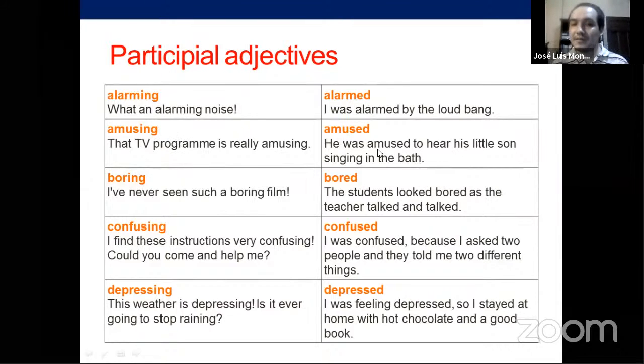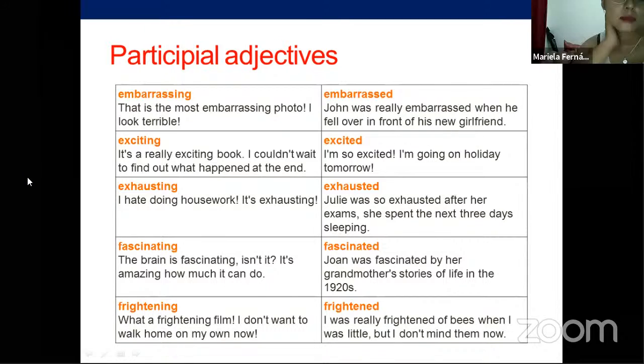I'm amused. The class is boring. I am bored. The situation is confusing. I'm confused, right? The weather is depressing. For example, I am depressed. That is the idea over there. The next one, please, Daniela, the same. Only the words, please.